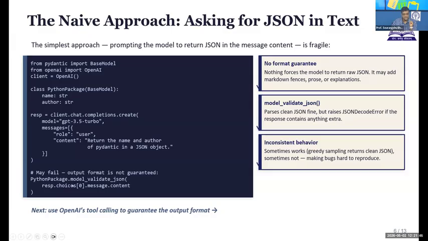So you say Python package dot model validate JSON, and then of course response dot choice is 0 dot message dot content. So this is the content returned by this particular call. This content may not return the JSON object, right?